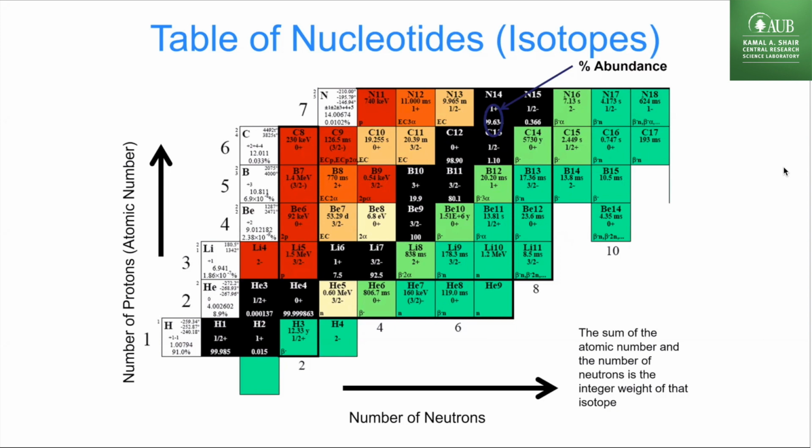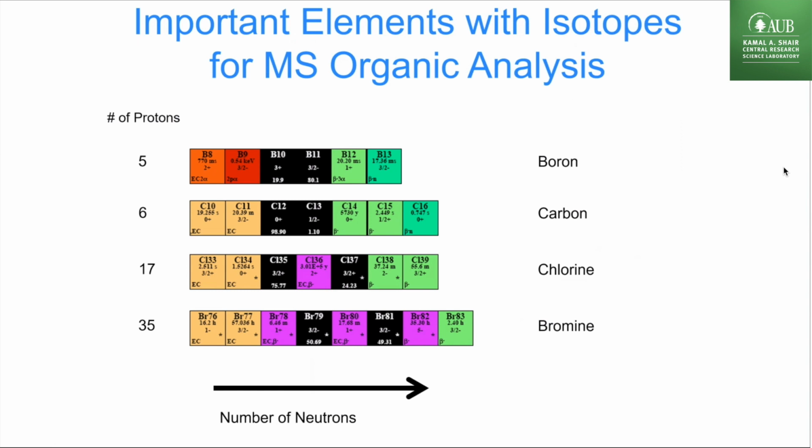Whereas in your compounds, you're going to have a lot of carbons. Right? Carbon is primarily in the compounds we're looking at. And each one is 1%. So the carbon isotope will contribute strongly to your mass spectra. Now, that's what this slide is showing. These are elements which have a strong isotope component.